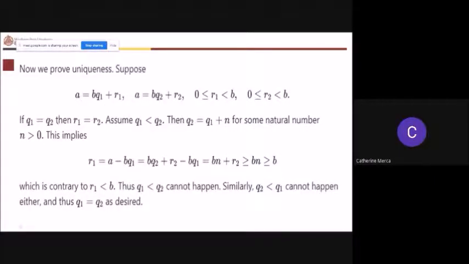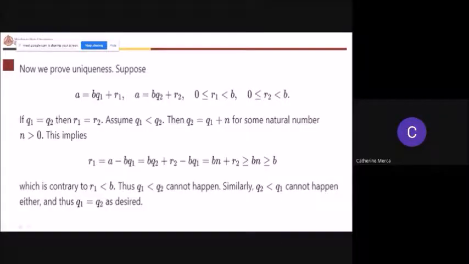Then, wala nang problema. Mean to say the remainder is also equal. Now, what happens if Q1 is less than Q2? Then you can express again your Q2 as, kasi mas malaki yung Q2, Q2 equals Q1 plus N, for some natural number N greater than 0.